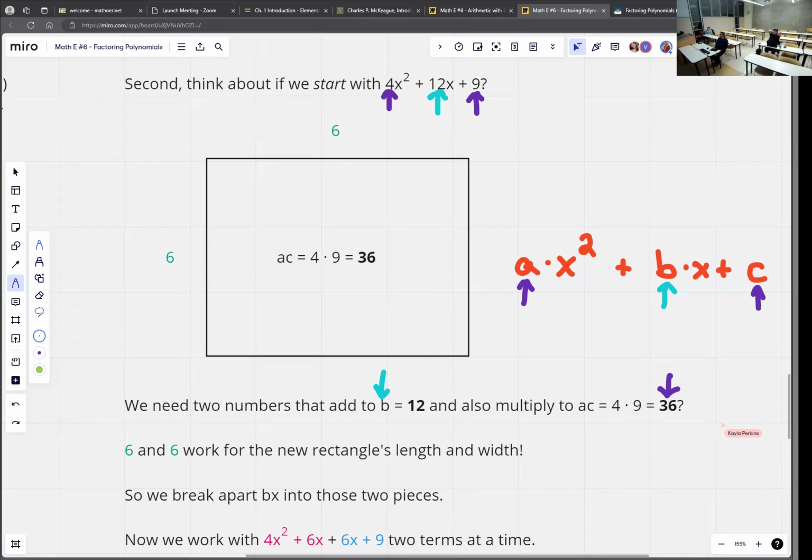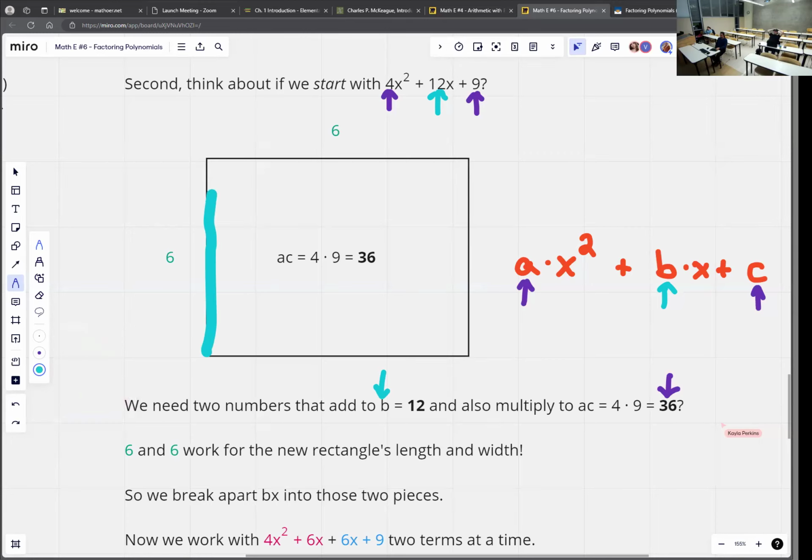Okay, so what new numbers work? And I imagine that I have a rectangle and the area is 36, like length times width. But I don't know what the length and width are. Whatever they are, I have to be able to add them together. Let's go back to here.